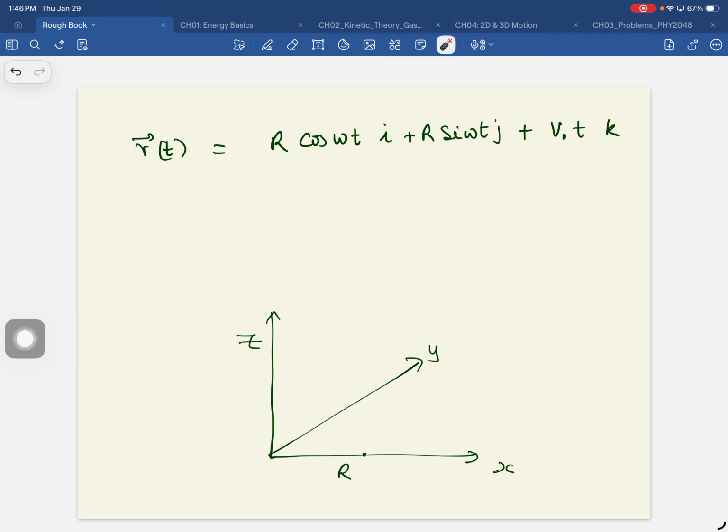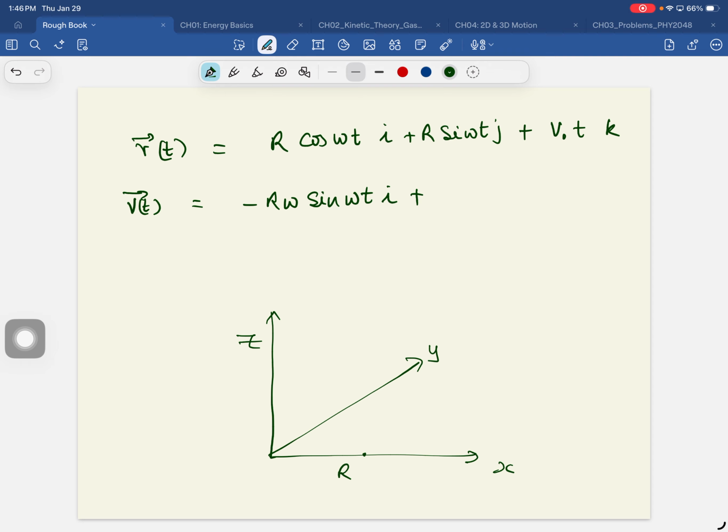So v(t) is dr by dt. The derivative of cosine is negative sine, and then you get an omega from there. So minus r omega sine omega t i plus omega r cosine omega t j.